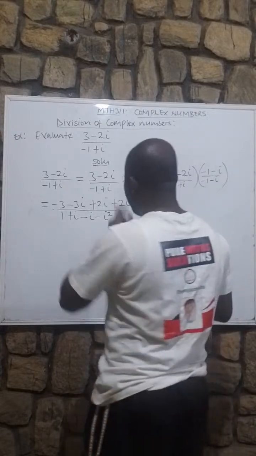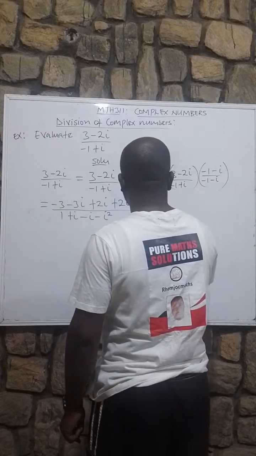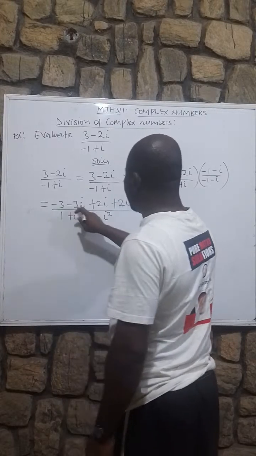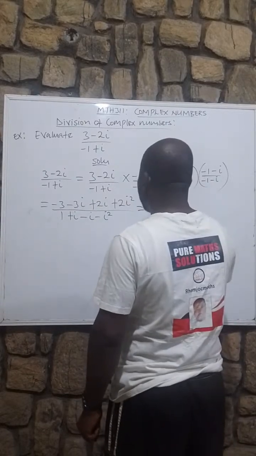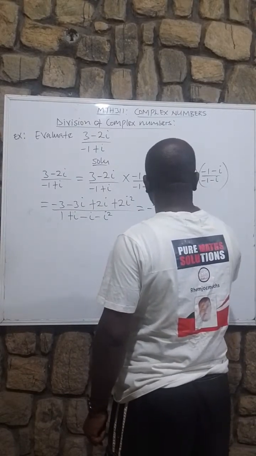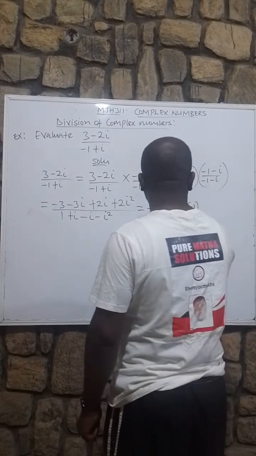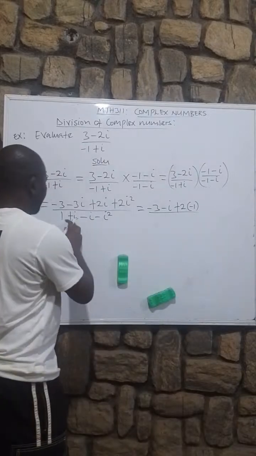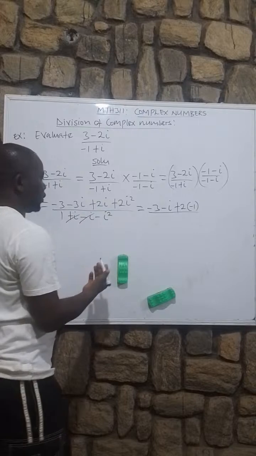So here, our i squared is minus 1. So minus 3i plus 3i, we are going to have minus i plus 2 open bracket minus 1, then all over, look at it, minus i minus i. So this and this will cancel.